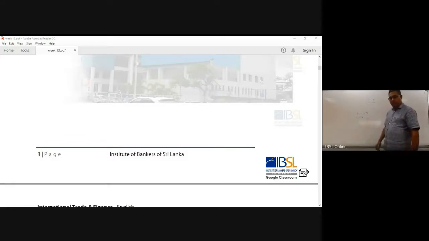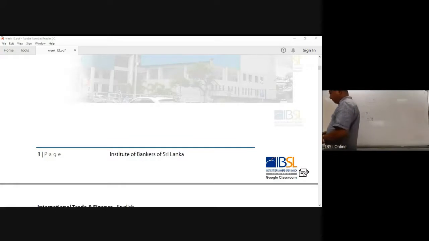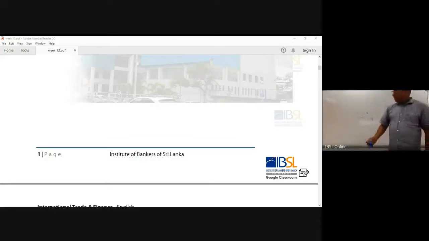The Swift format of the amendment is 707. So when the issuing bank sends the amendment, the issuing bank is bound or liable at the time the amendment is sent. That little part is understood.